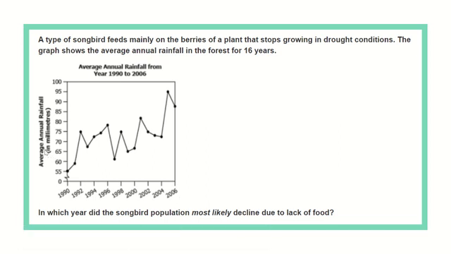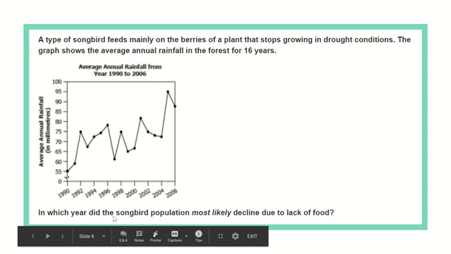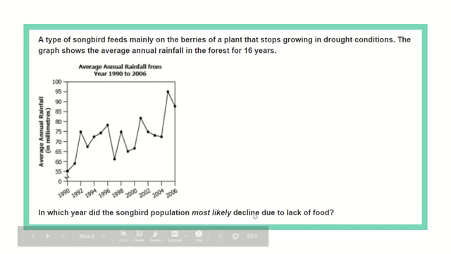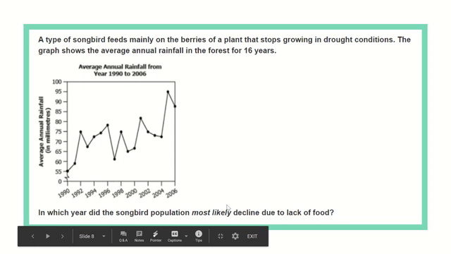This side says average annual rainfall. So we see it go up, goes down, up, down, up, down, up, down, up, down. So it looks like a pretty typical graph, very predictable. In which year did the songbird population most likely decline due to lack of food?